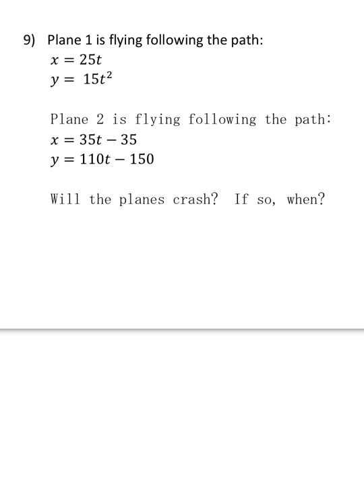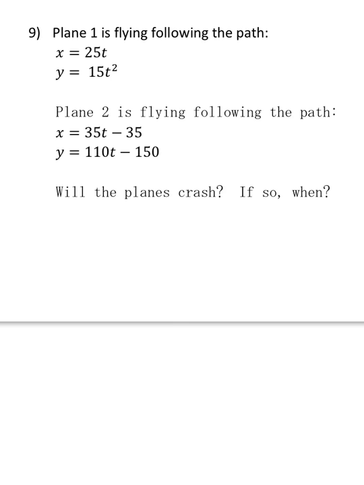Once you've entered both equations, you can see that the graphs look something like this. You have one line that goes straight up, and then you have one that kind of crosses around like this. So it looks like the planes will crash right here at this point.